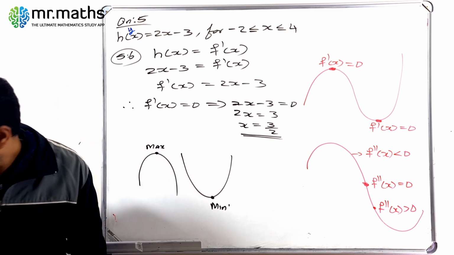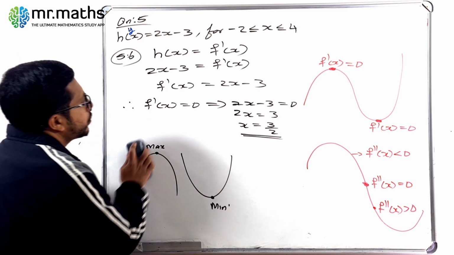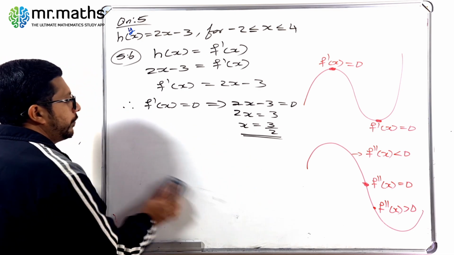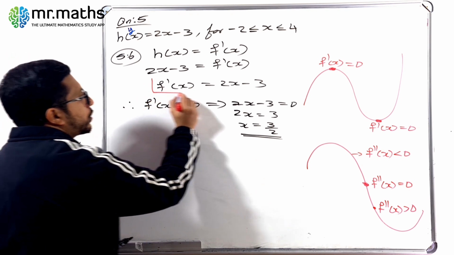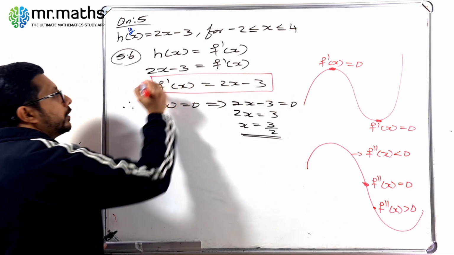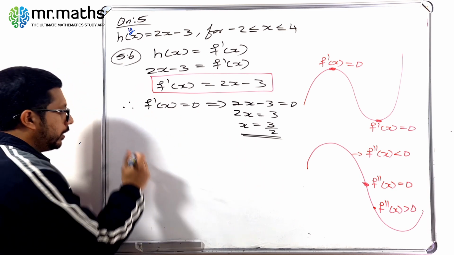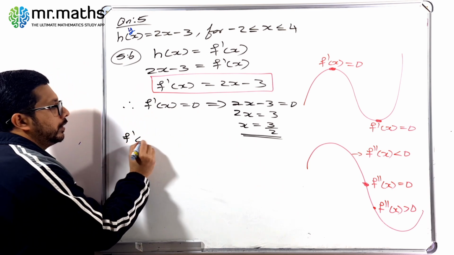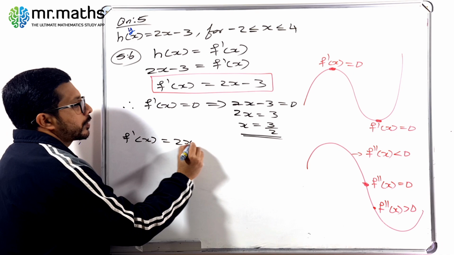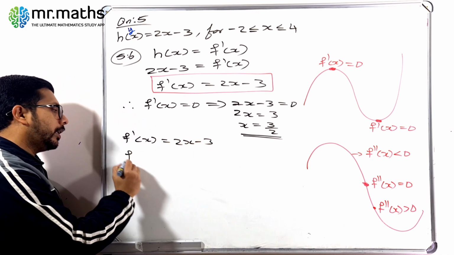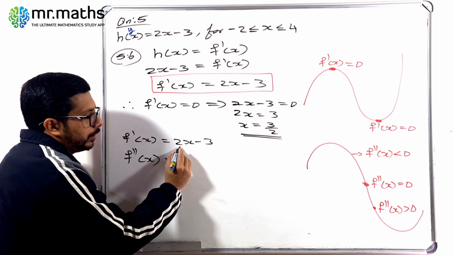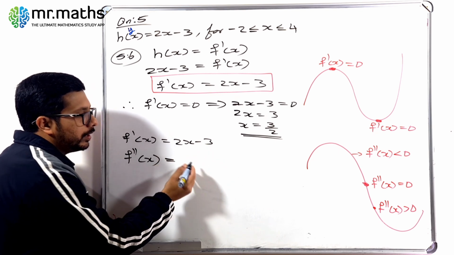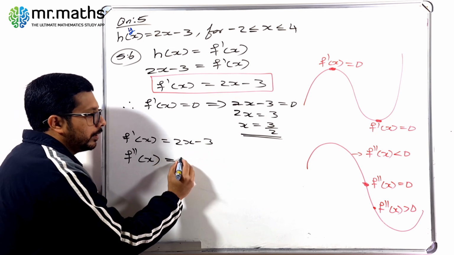Fine. Now what is our f dash of x? Look at our f dash of x graph. What is the equation? f dash of x is 2x minus 3. I'm trying to find f double dash of x, the second derivative. So what is that one? Differentiating 2x minus 3: what is the derivative of 2x? That is 2.